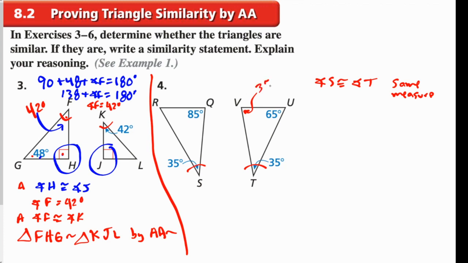So we can say 35 plus 65 plus angle V equals 180 degrees. And when you solve this, you'll get that angle V is equal to 80 degrees. And we say, well, that is not the same as angle Q. So these triangles are not similar.